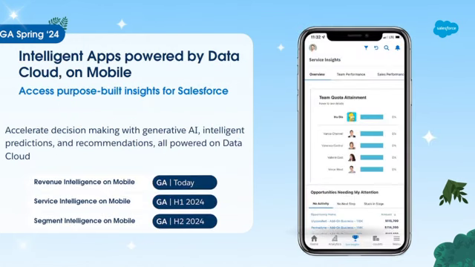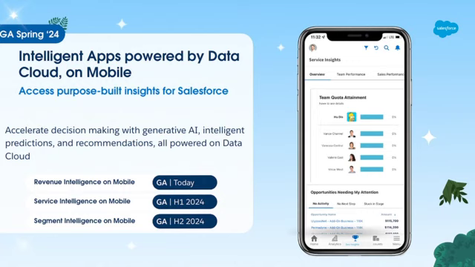The third piece that I'm going to be talking about is service intelligence. Service intelligence is a collection of out-of-the-box data models and insights that enable service organizations to improve operations. This, along with other intelligent apps, will be rolled out to mobile to allow users to access purpose-built insights for Salesforce powered directly by Data Cloud.